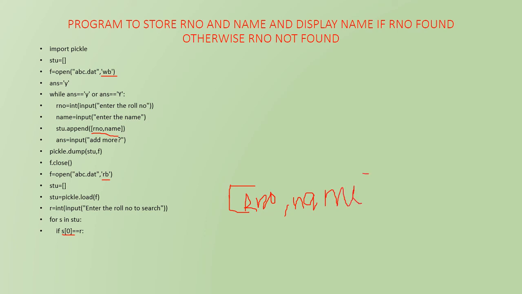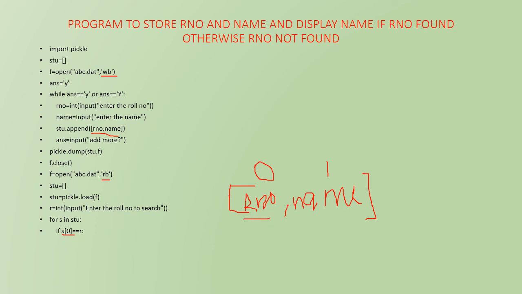Each and every list is having an index. So the roll number represents the 0th index and the name represents the first index. That's why it is given here as s of 0. S of 0 indicates it is the roll number.